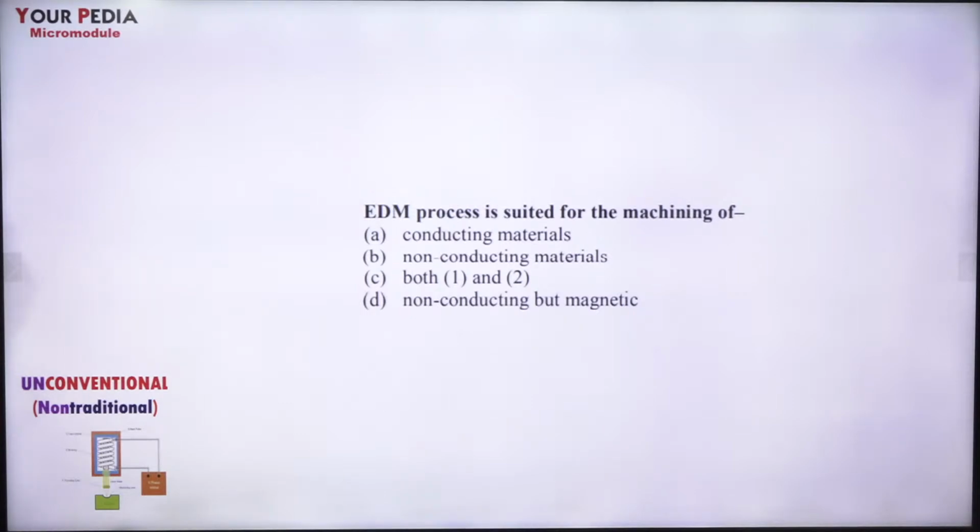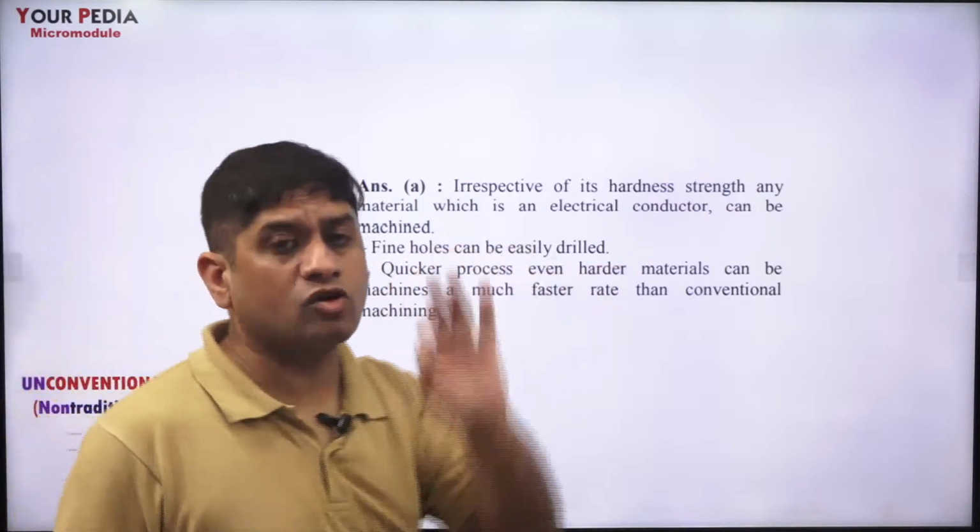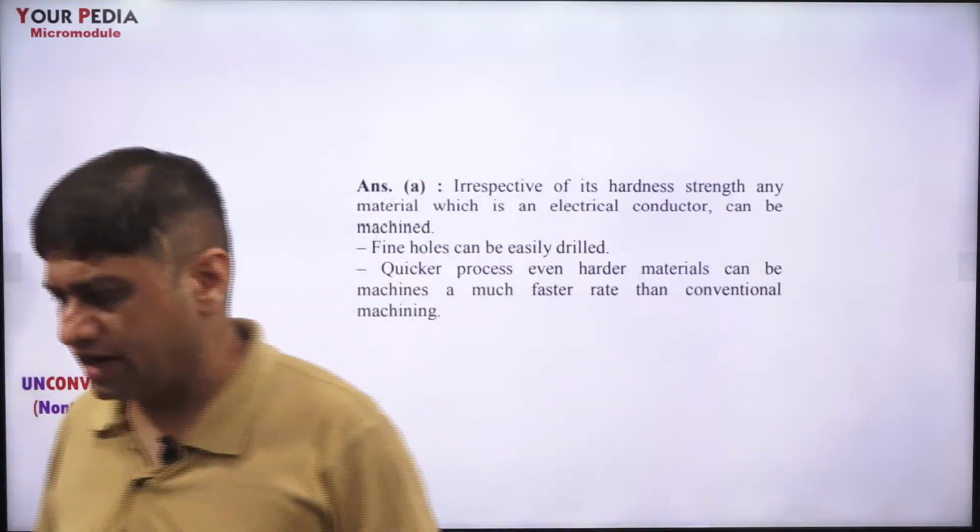So the EDM process is suited for machining of what? Conducting, non-conducting, or both? What do you think? Okay, EDM is used for only the conducting. So micro drilling is EDM. Remember this, micro drilling is done through EDM.